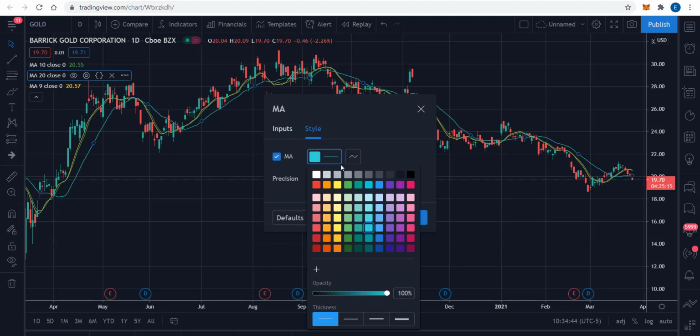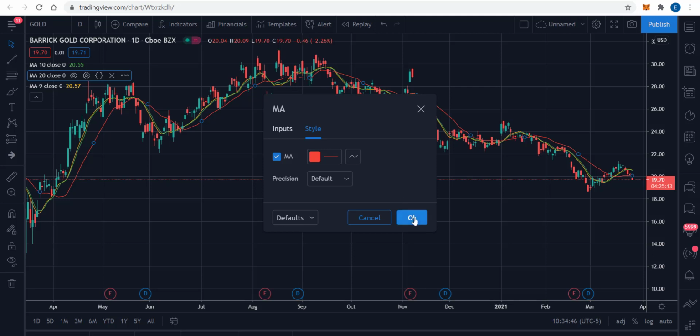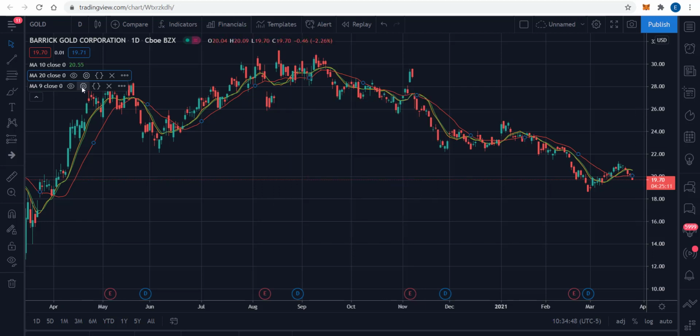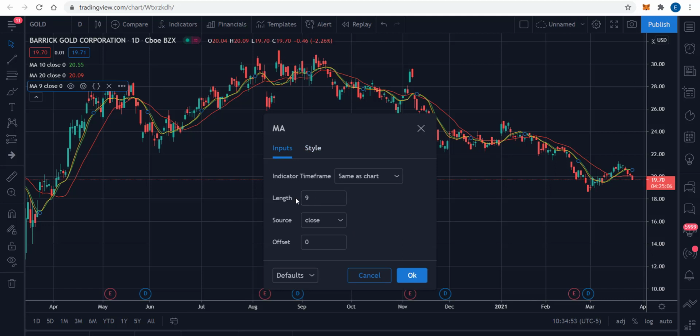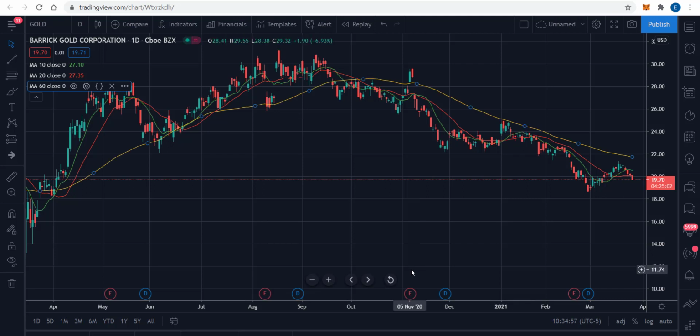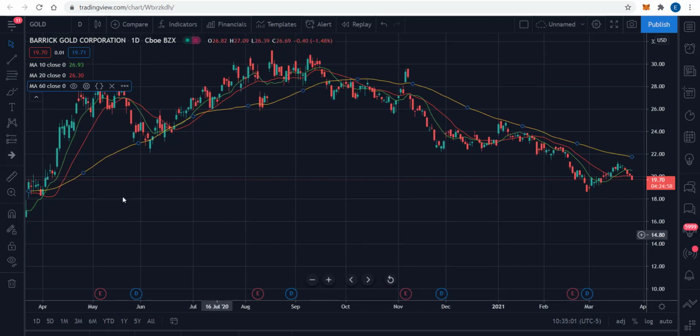So it'll no longer be a 20-day; it'll be a 20 period that will correlate with whatever time frame we're looking at. We'll go all the way down to the 15-minute here in just a second.